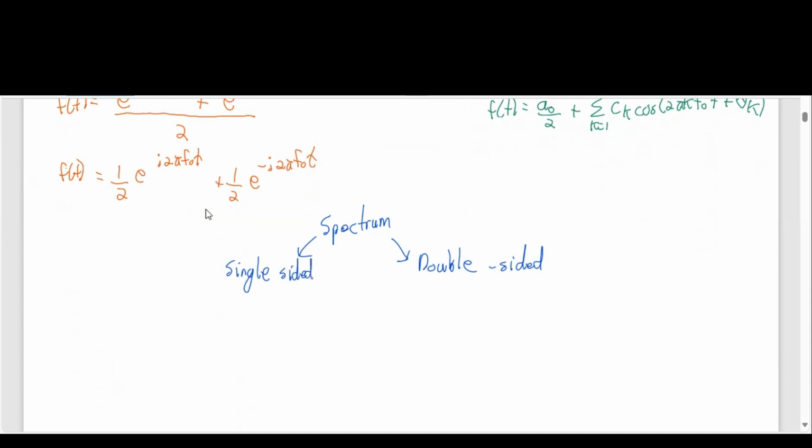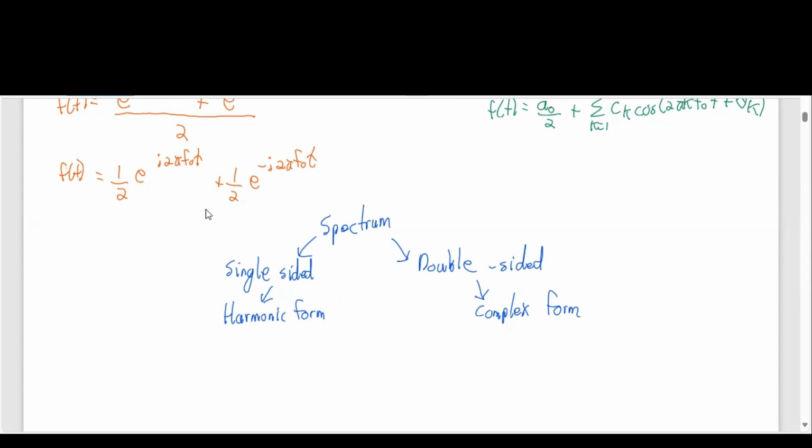So things to remember: anytime they ask for the double-sided, you must express the signal in its complex exponential form. So the complex exponential form will give you the double-sided, right? And for the single-sided, you need to express it in the harmonic form. So the harmonic form will give you the single-sided.